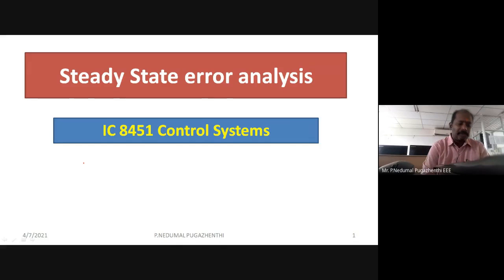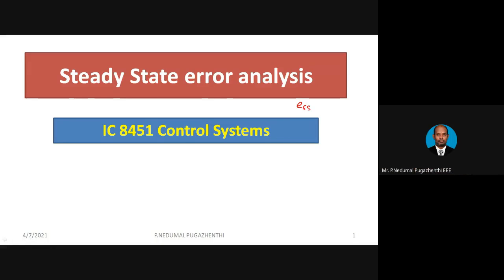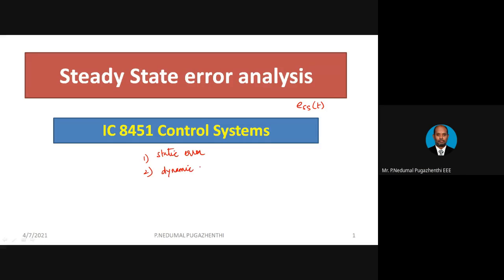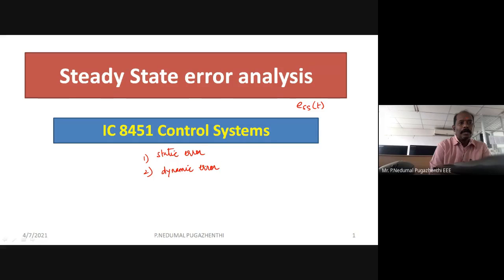Steady state error is generally represented as e_ss(t), and steady state error is categorized as, number one, static error constants, and dynamic error constants. Each has its own significance, advantages and disadvantages.